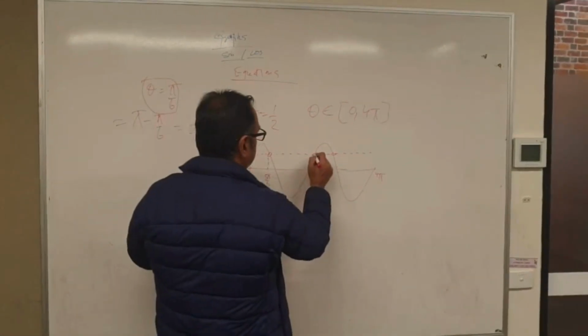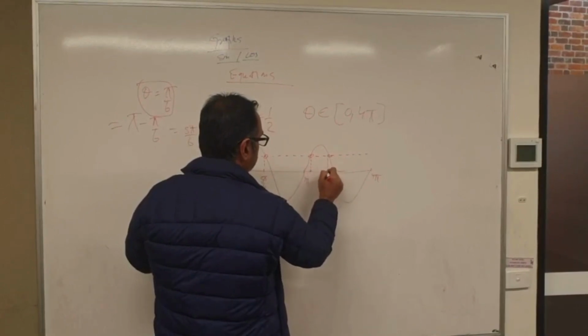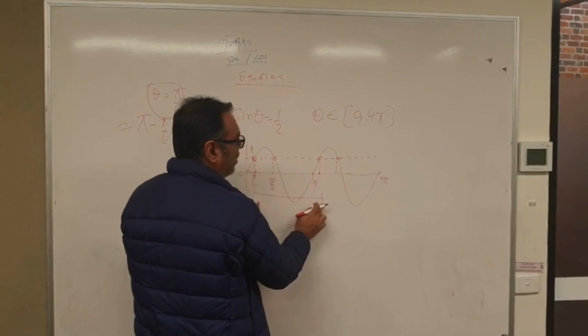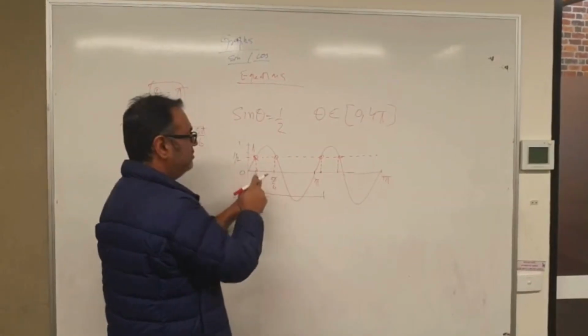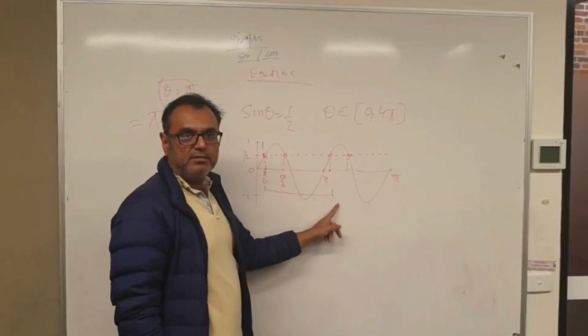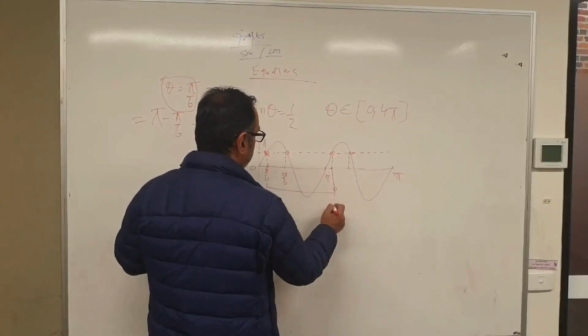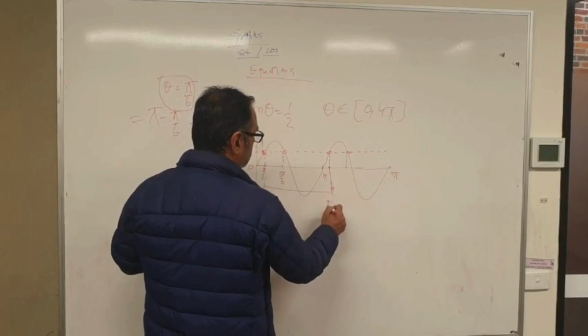Now, this value is exactly 2 pi's away from this value because it's cyclic. So this value here must be pi over 6 plus 2 pi.